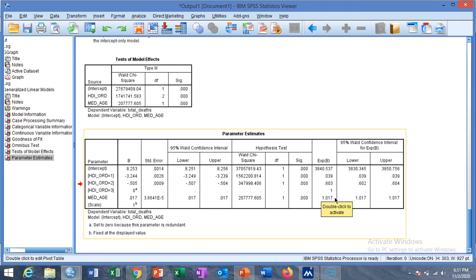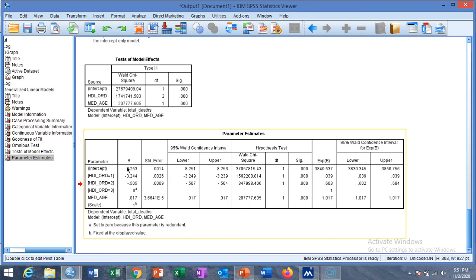If the value is smaller than 1, then you would conclude that the effect of the independent variable is inverse, or decreases the value of the dependent variable.